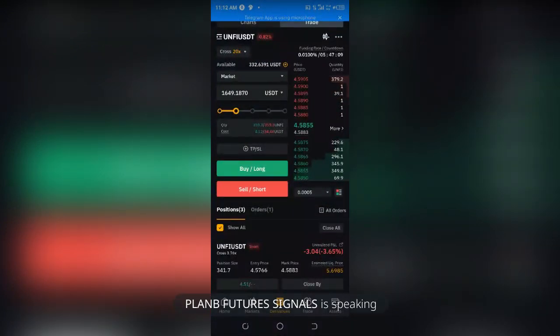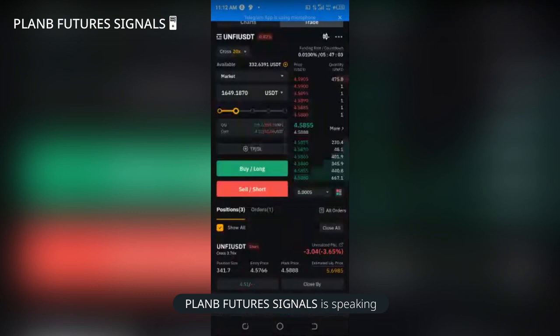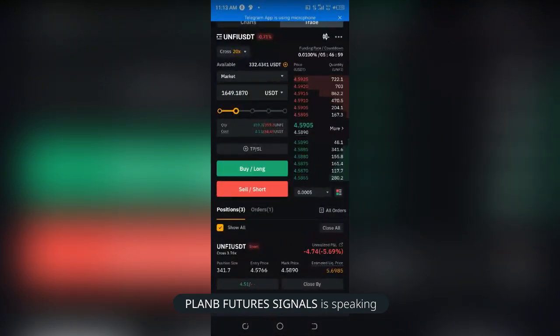Can you see it, Mr. Tade? Yes, I can see it. So it used to be there, but sometimes if you are using, for example, cross and you use like between 1 to 5% of your capital, because the liquidation price is too far, some exchanges don't bring it out at all. Not until when you are in minus 100, that's when the liquidation price will show up.